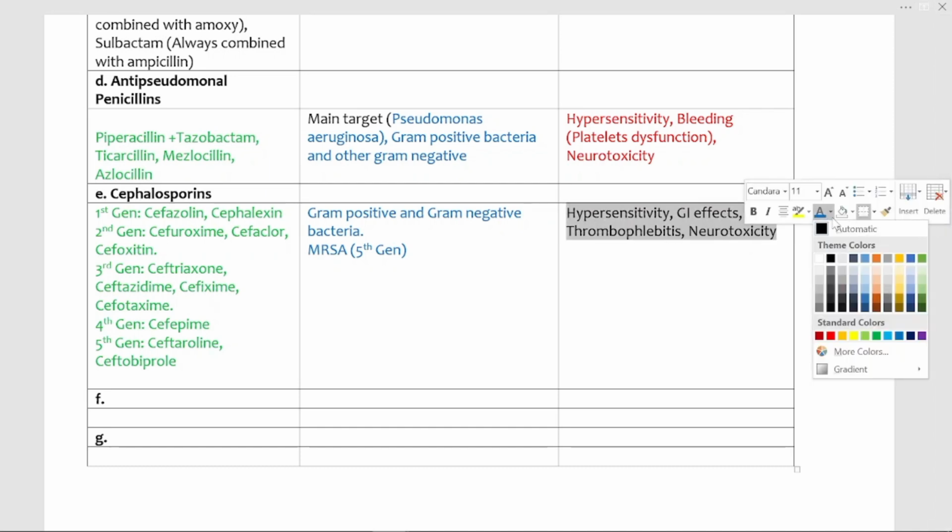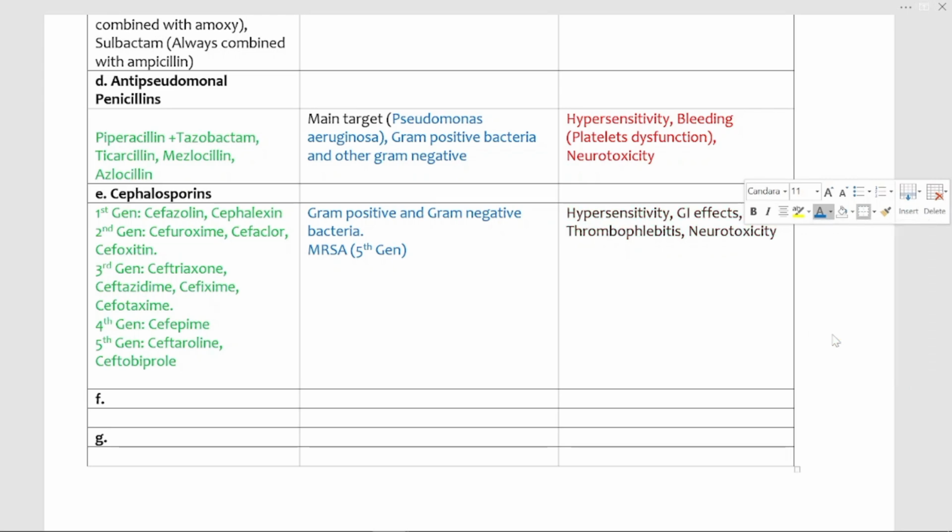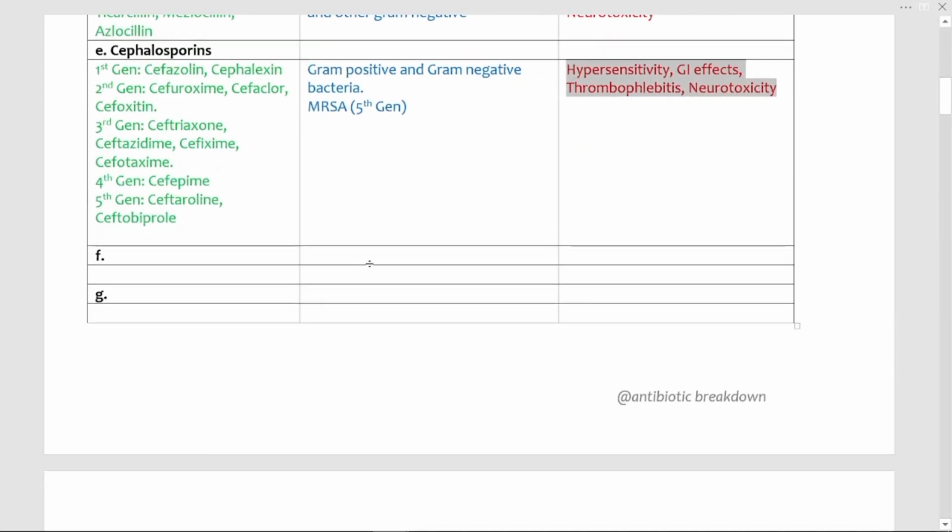Now let's continue with another classification of the beta-lactam antibiotics. Another one that we have is the carbapenems. Examples of drugs under this category, we have meropenem, which is very commonly used.